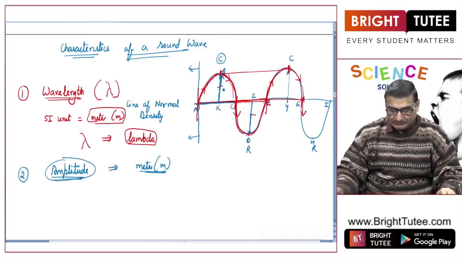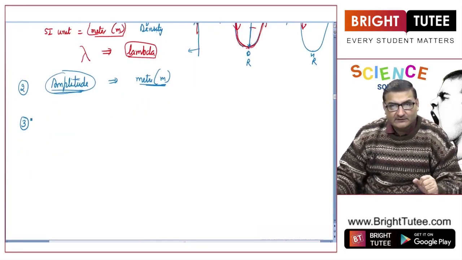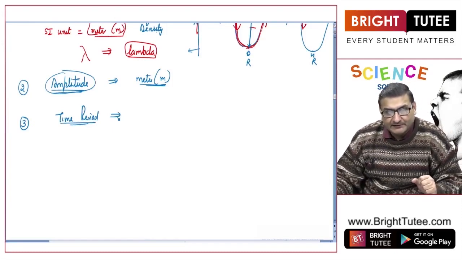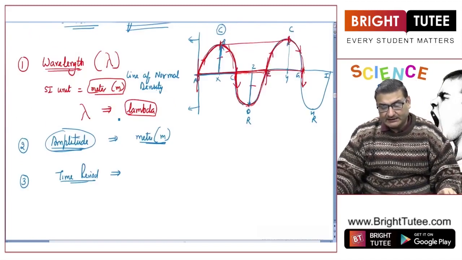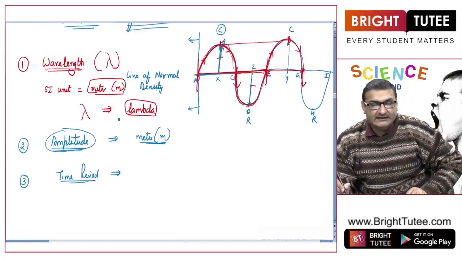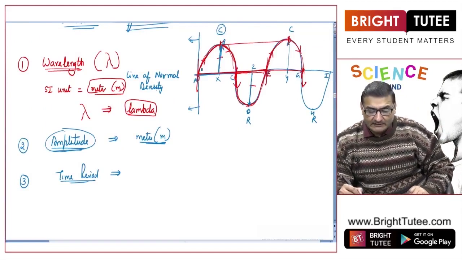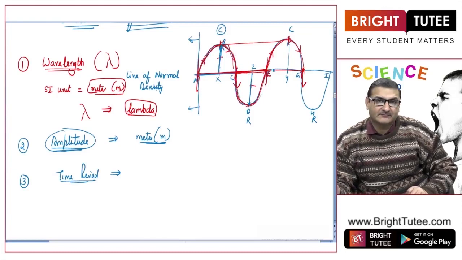Let us come to the third characteristic of a sound wave, and that characteristic is time period. What is time period? The time period is the time taken for completing one full oscillation, meaning one full compression and rarefaction.